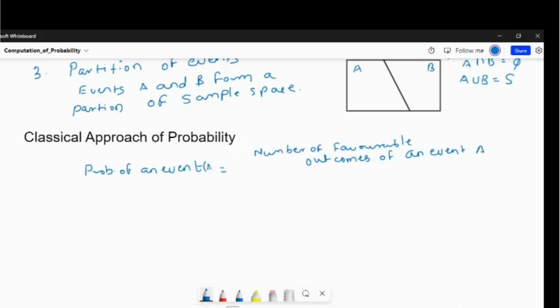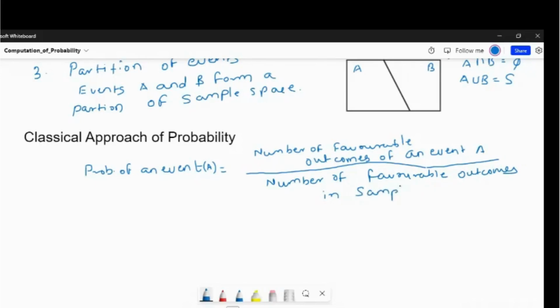So here we are calculating probability of A. In notation, I can write P of A is equal to n of A divided by n of S: the number of elements in event A divided by the number of elements in the sample space.